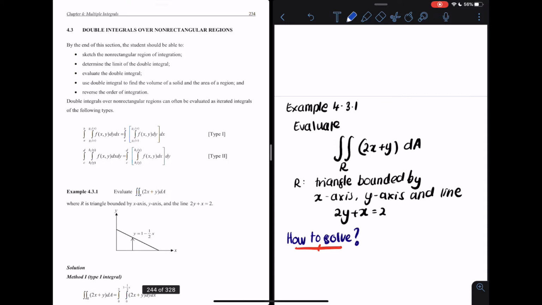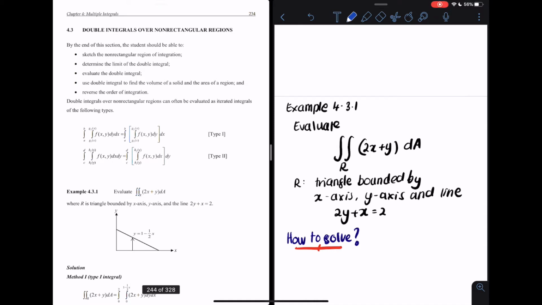In topic 4.2, the limits with respect to variables y and x were very obvious, written as constant values. But there is a tricky part when you solve problems related to non-rectangular regions: you have to be able to sketch the region R in a two-dimensional coordinate system.